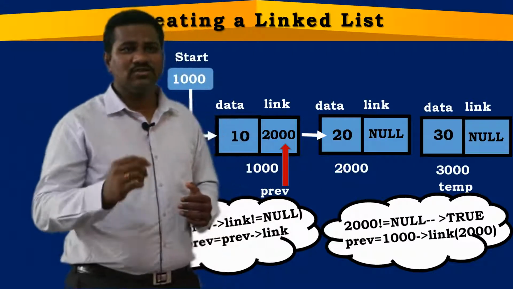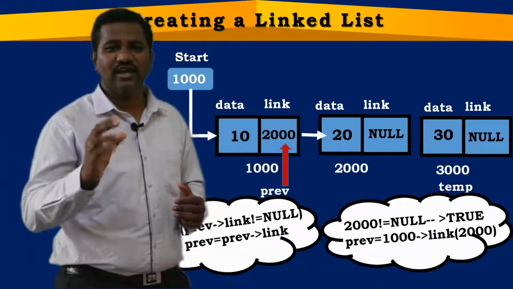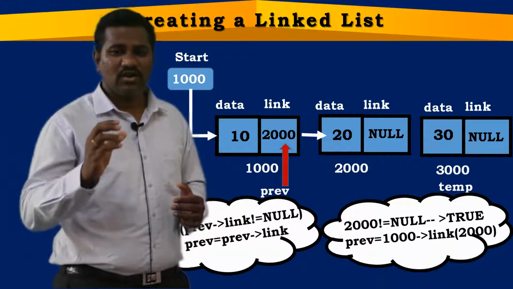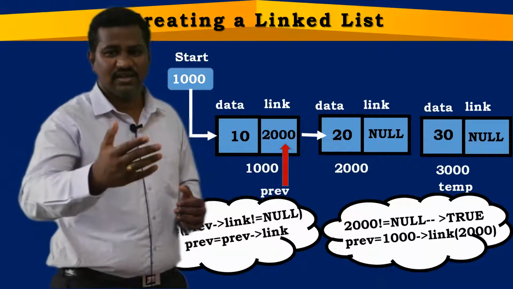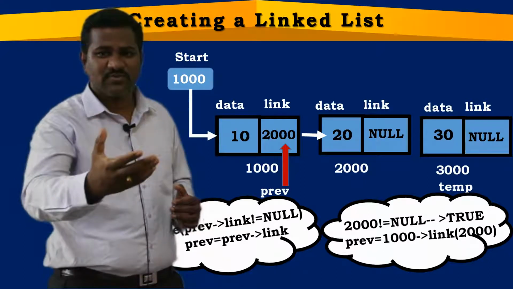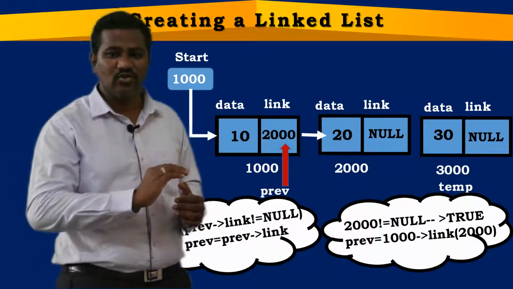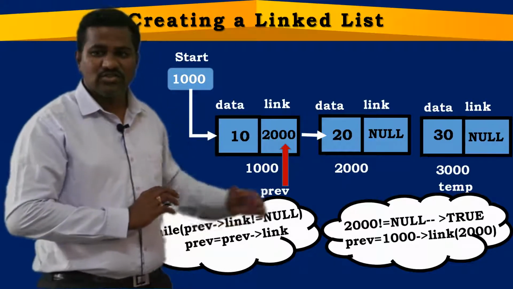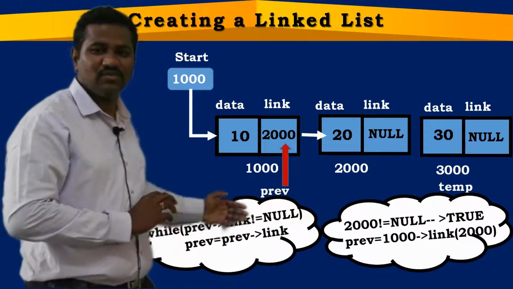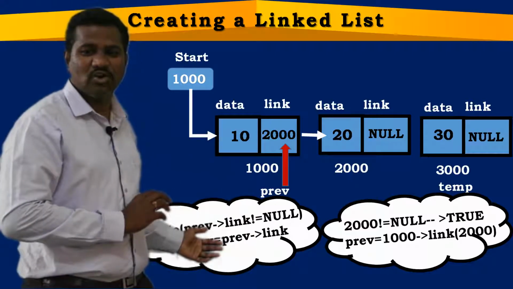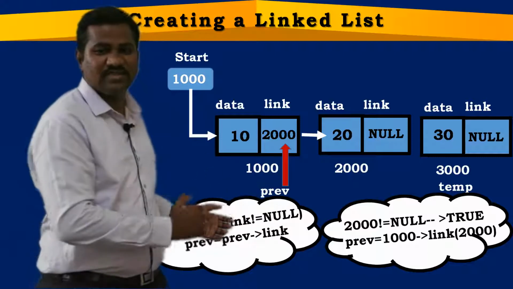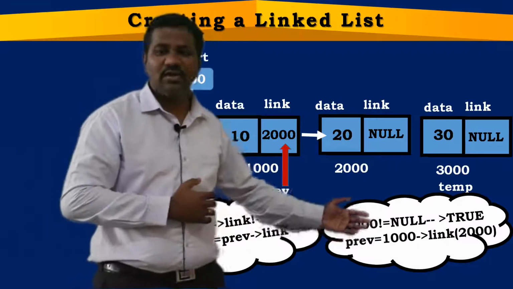You have already come across the C language. In C language, when you find an assignment operator, you immediately go to the right hand side. After evaluating the right hand side expression, that value will be assigned to the left hand side variable. Same thing happens here. Previous is assigned with previous arrow link. Right hand side first: previous arrow link.